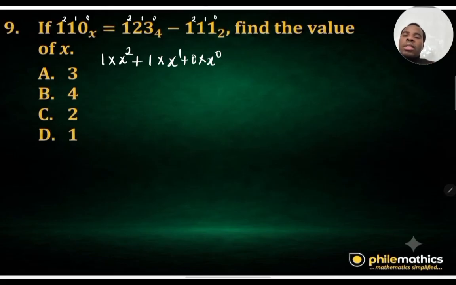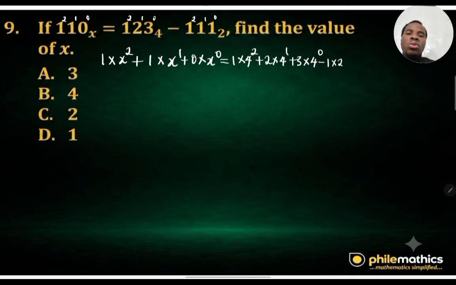And so this equals 1 times 4 to the power 2 plus 2 times 4 to the power 1 plus 3 times 4 to the power 0 minus 1 times 2 to the power 2 minus 1 times 2 to the power 1 minus 1 times 2 to the power 0.